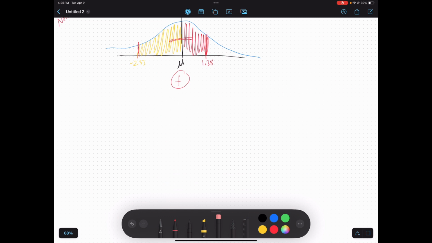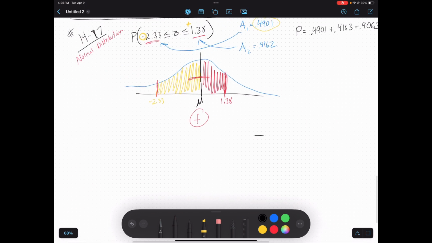Number 16, they don't give you the z-scores. Number 16 will give you something like this: what's the probability that it's between 28 and 33? What do you have to do? You have to find the z-scores. And that's where the z-score formula comes in handy, where you do x minus your average.